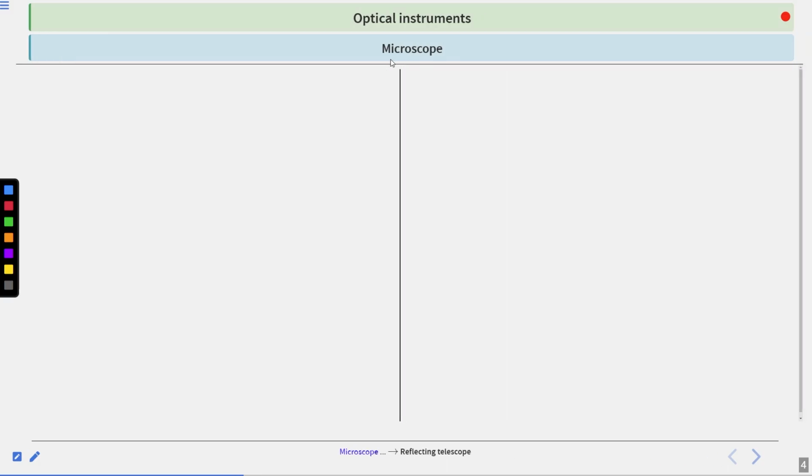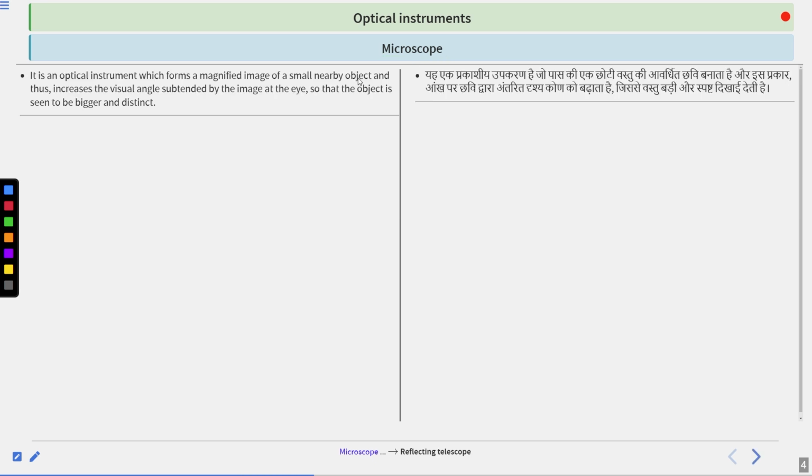So, first topic is microscope. It is an optical instrument which forms a magnified image of a small nearby object. The use of a microscope is to magnify the image. Suppose you have any small image, using the simple microscope you can magnify that.